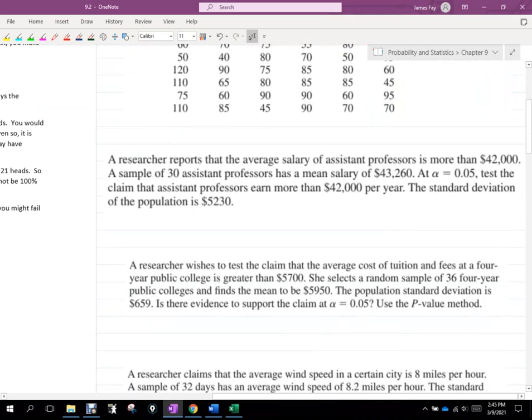The researcher reports, so they don't use the word claims here, but they use the word reports, right? If I'm a researcher and I report something, I'm basically making that claim. I'm establishing that that's what I believe. It says the researcher reports that the average salary of assistant professors is more than $42,000. Average, again, is mu, correct?